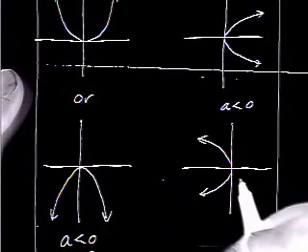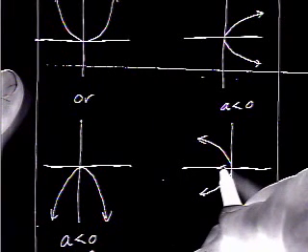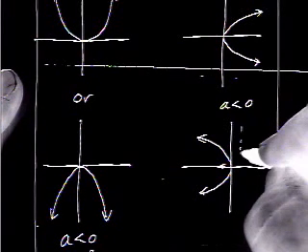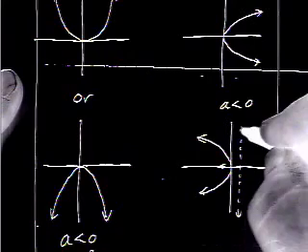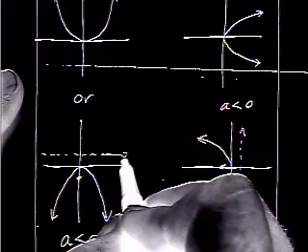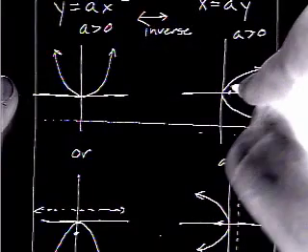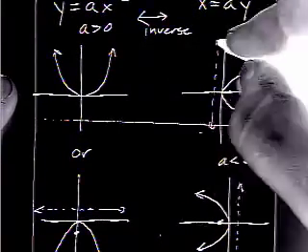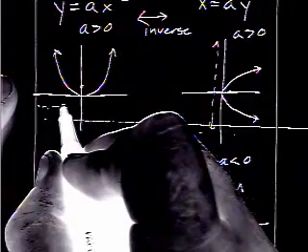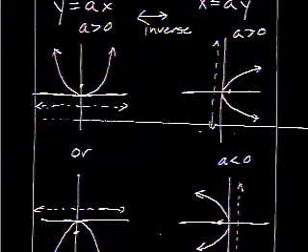One other piece of information I want to remind you of. The focus is always inside the parabola, and the directrix is always on the outside of the parabola. Focus is always inside, directrix is always outside. So in every one of these situations, there'll be a focus and a directrix, which remember are not really part of the parabola, but they are important in finding the definition of that parabola.